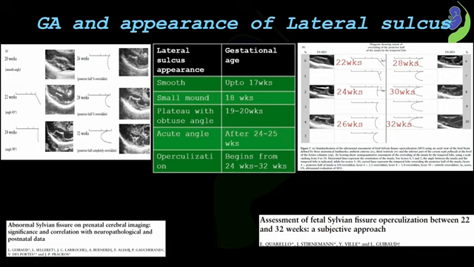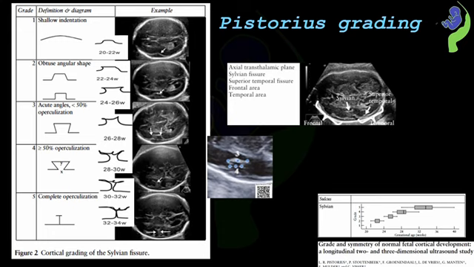The same author had later developed a grading system for the same, which is a semi-quantitative score to assess the degree of opercularization. Now this slide is regarding the Pistorius grading of Sylvian fissure. He has developed a standardized and reproducible method to assess.